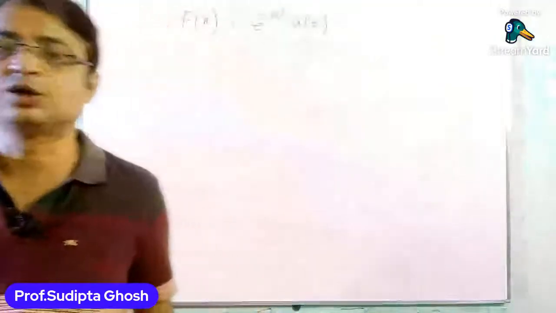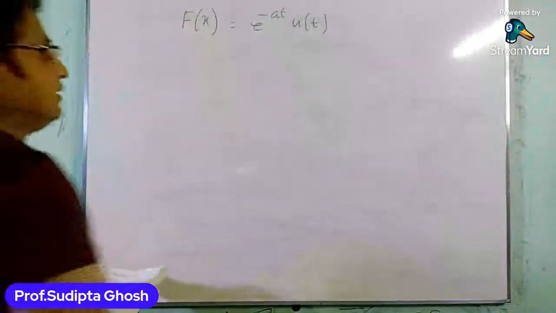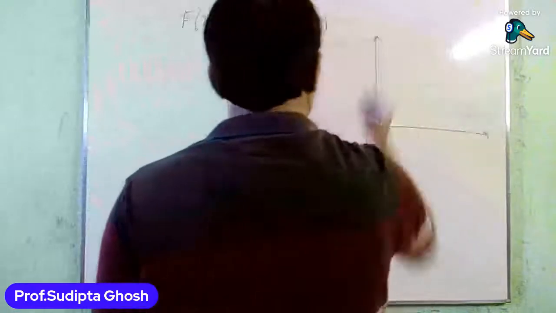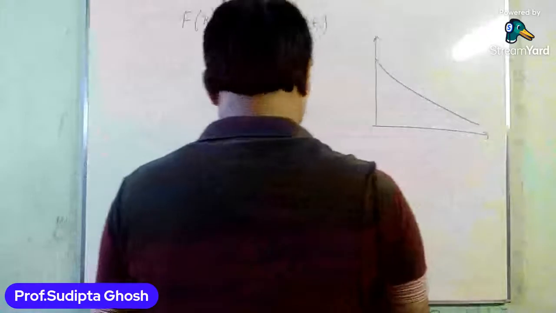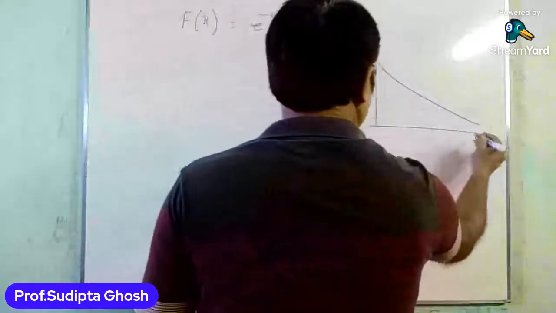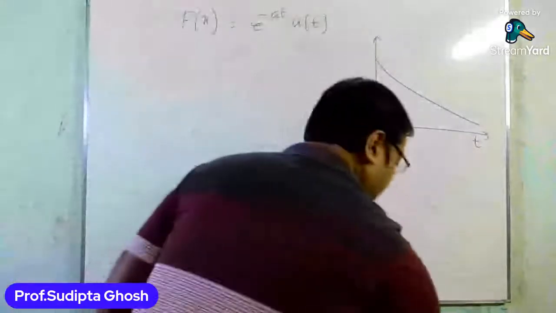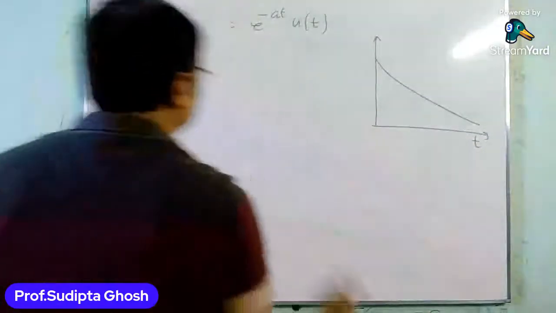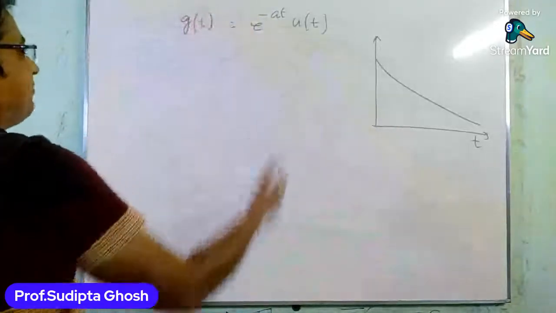Now the function is given in the time domain, and if you plot this function, it looks like this. So this is the time domain form. If the function is written as, don't write it as f of x, write it as g of t or f of t.